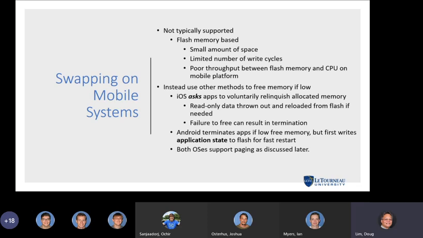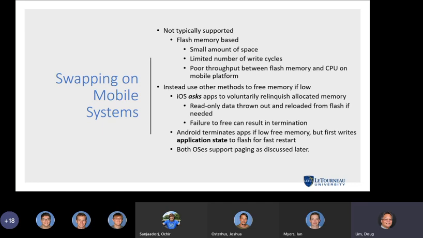On mobile systems, like phones and tablets, swapping is typically not supported. If it is supported, it's flash memory based, and you're talking about small amounts of space on flash memory, and there's generally poor throughput between flash memory and the CPU, so it's typically not supported.